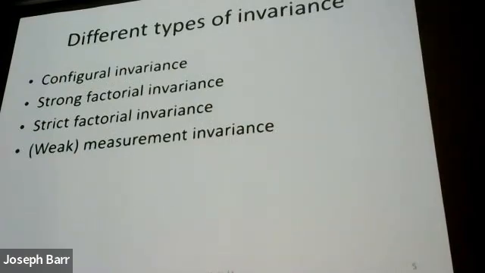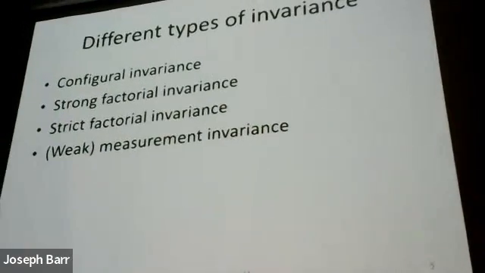Okay, so let's try to understand the difference between these types of measurement invariance. We have different types of invariance. The first one is the simplest, the beginning of the test: configural invariance. It is a very rough comparison.